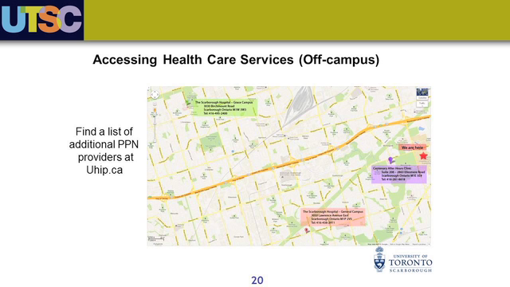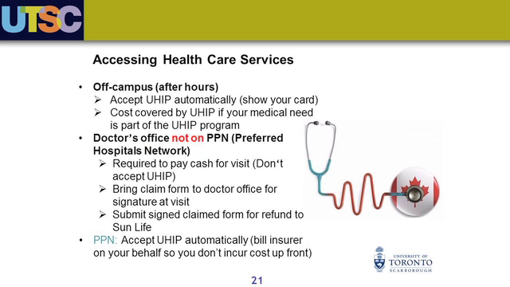They accept UHIP, so you don't have to pay there if the coverage is there. Off-campus, after hours, the three clinics that I've mentioned accept UHIP automatically, so you just have to show your UHIP card. And the cost is covered by UHIP if your medical need is part of the UHIP program.